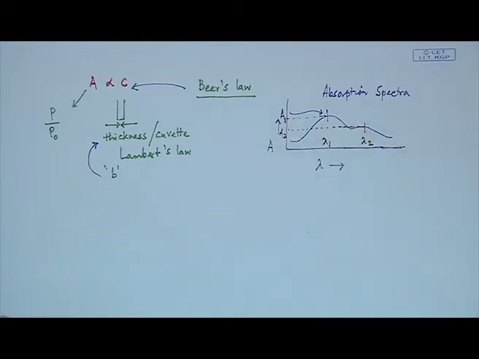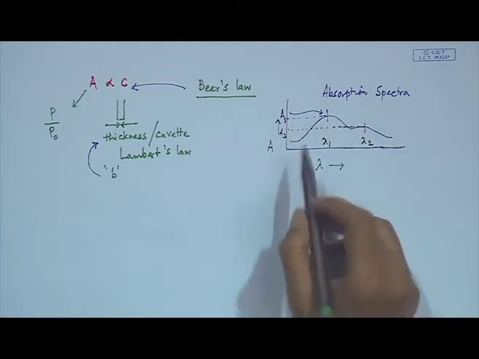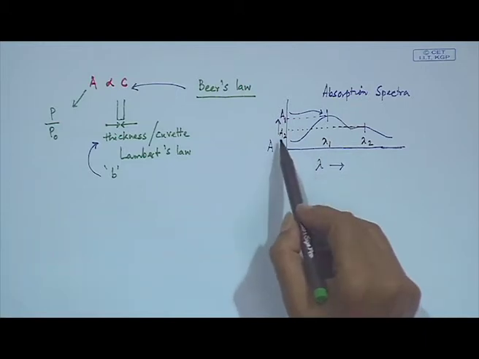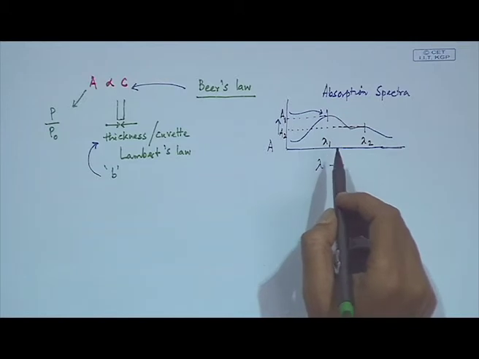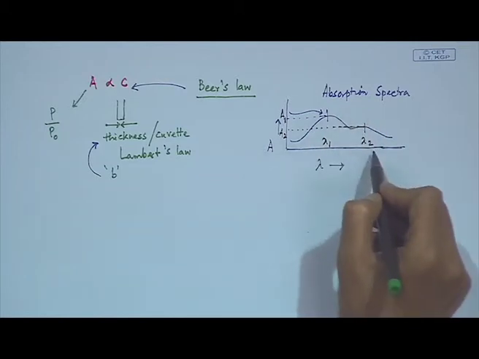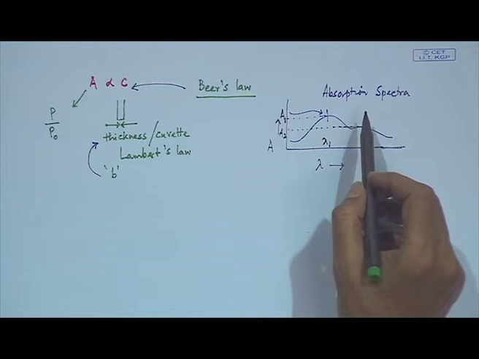So, we can have two different absorbances: A 1 at lambda 1, and A 2 at lambda 2.